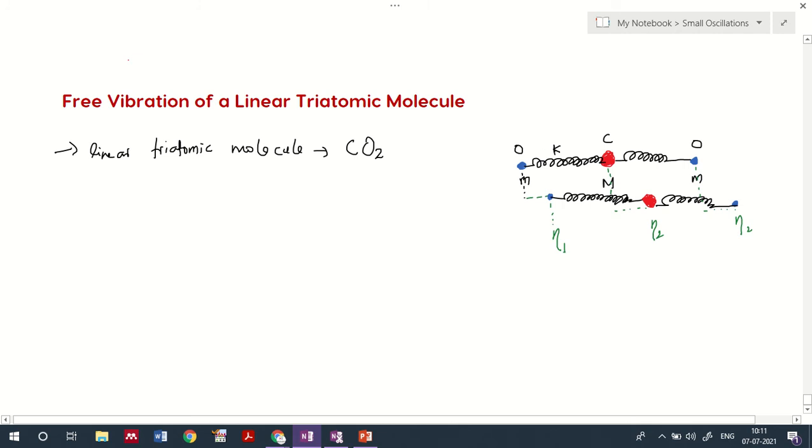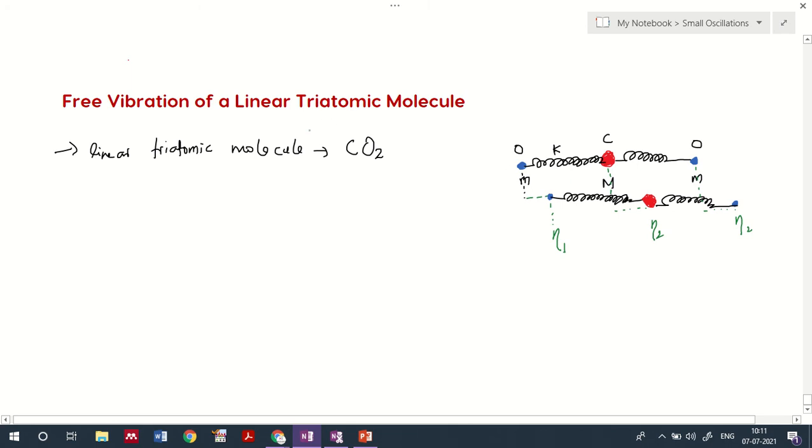That's why we keep a spring in between them. If any oscillation or movement corresponding to oxygen occurs, it will also be coupled to the carbon, and that carbon is again associated to an oxygen, so there will be a coupling between these three. That's why we kept a spring in between them.